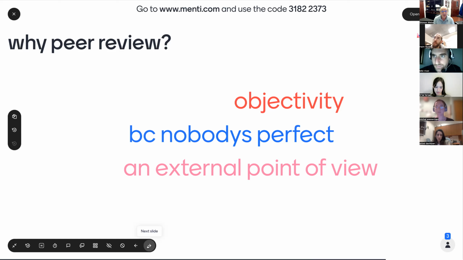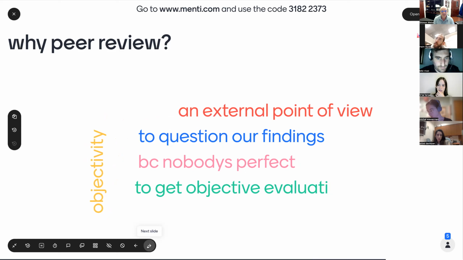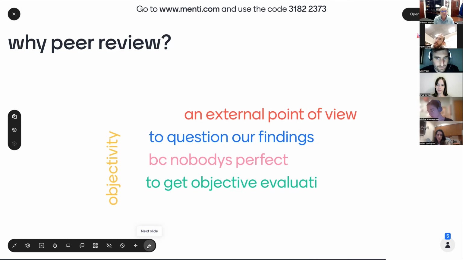Does peer review make our science better? To question our findings? To get objective evaluation. So this is a repeat of the same idea.